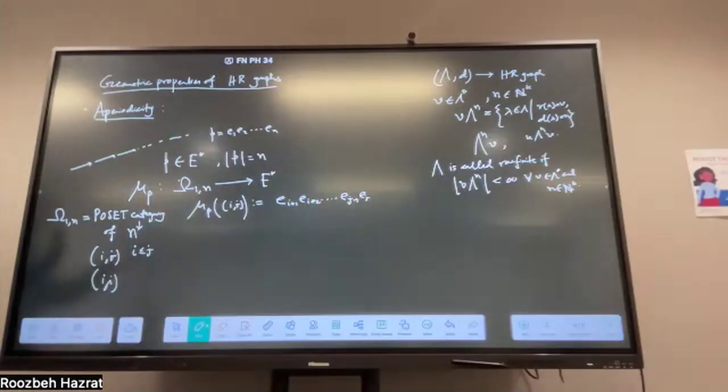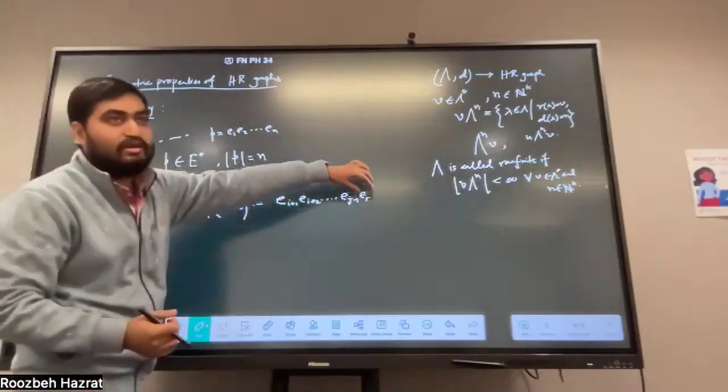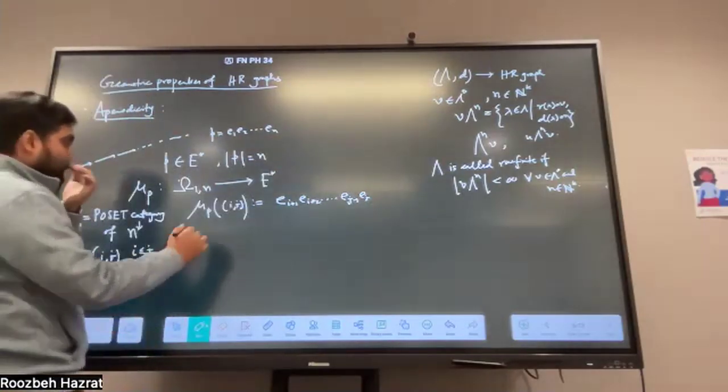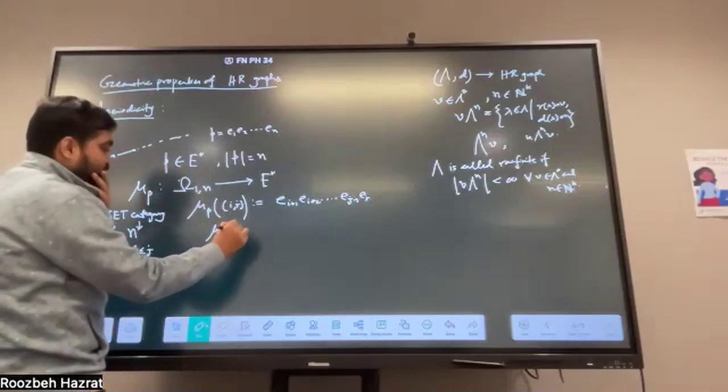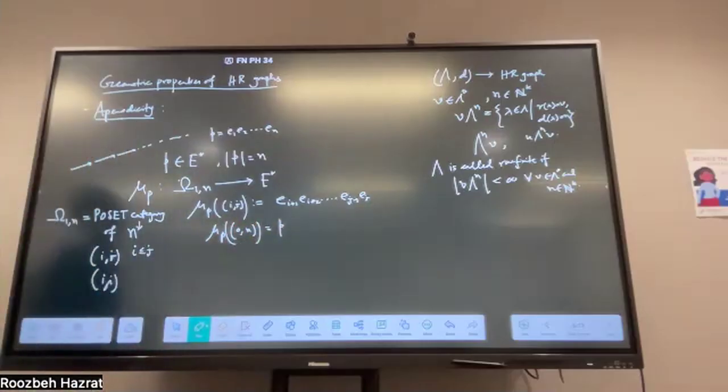So the portion of this path starting from the i+1 edge ending at this j edge. Right? In particular, mu of (0, n) will be your path.